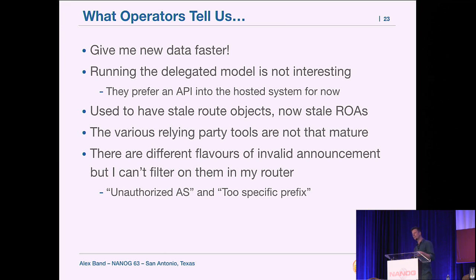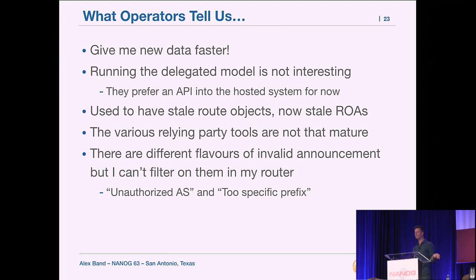And then the last complaint is you have these 3 statuses with RPKI. Essentially, something can be valid, so it's covered by a ROA. It can be invalid because it's coming from an unauthorized AS, or it is more specific than is allowed by the maximum length. But there's no way to distinguish between those 2 in my router. Operators say, well, I think actually one is less of an offense than the other. If it's coming from an authorized AS, but it's just too specific, that is less of an offense than an invalid, where it's truly coming from an unauthorized AS.